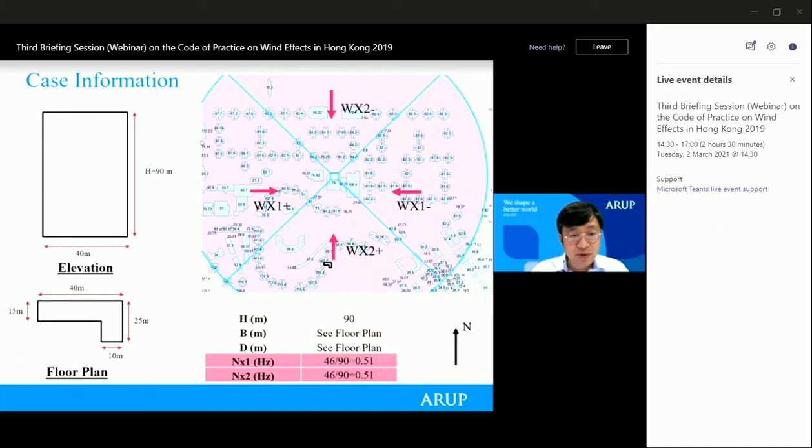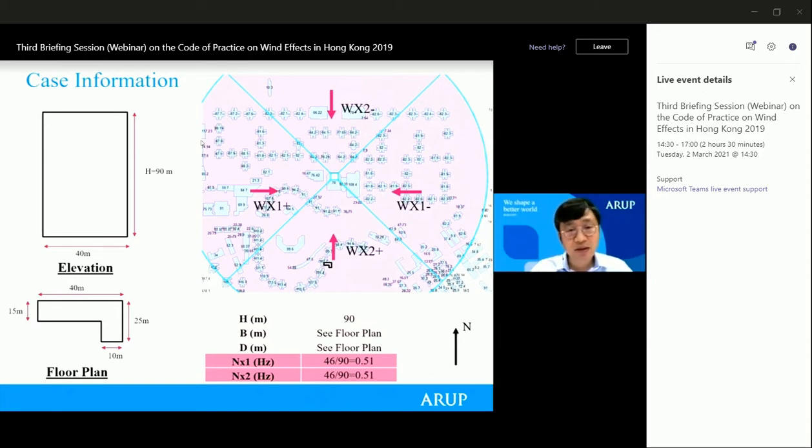For this first working example, we are studying a 90 meters tall building. The height is about 90 meters, and the horizontal plane is an L shape. The breadth is about 40, and for this L shape, the depth of the two wings is about 15 and 25 meters, respectively.